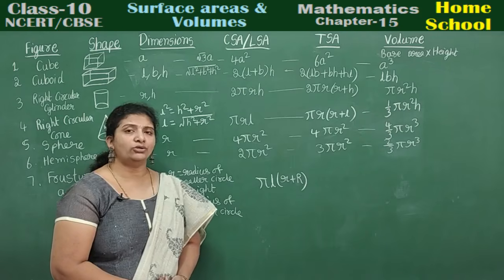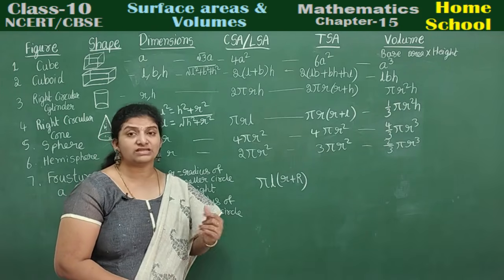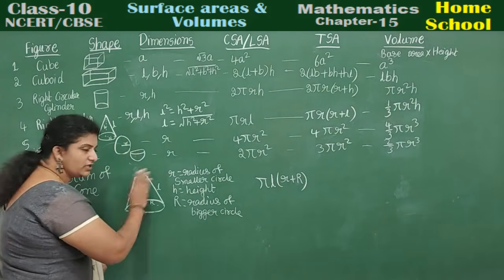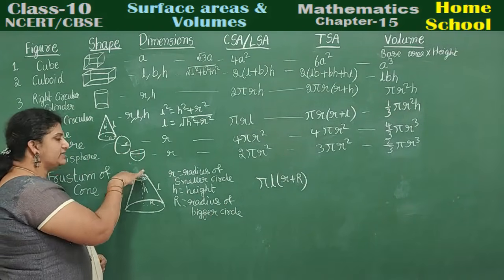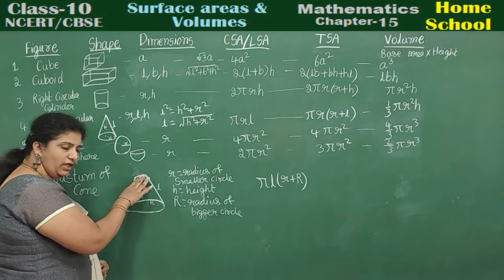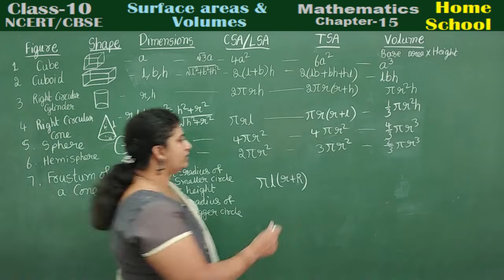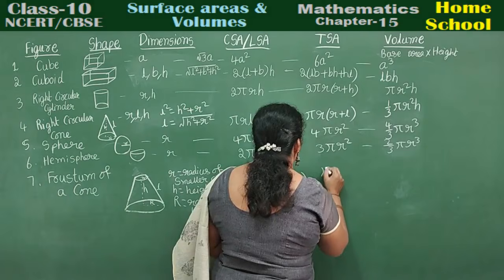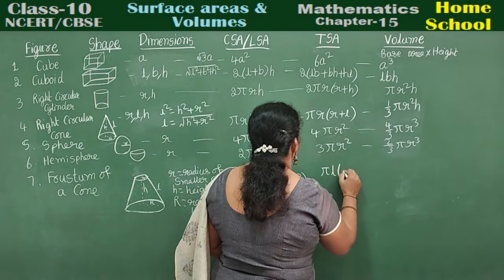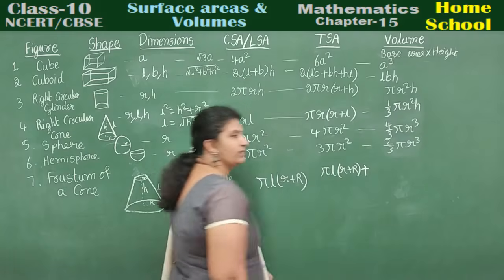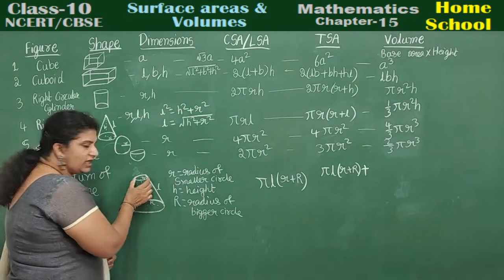When we talk about the total surface area of a frustum of a cone, it is the curved surface area plus the area of the small circle and the area of the larger circle. Right, here the CSA of a frustum of a cone is pi L into (r plus R), plus, what is the area of this circle?